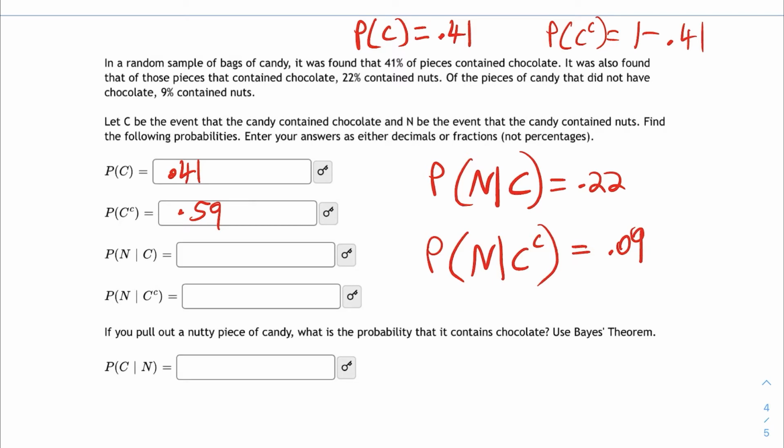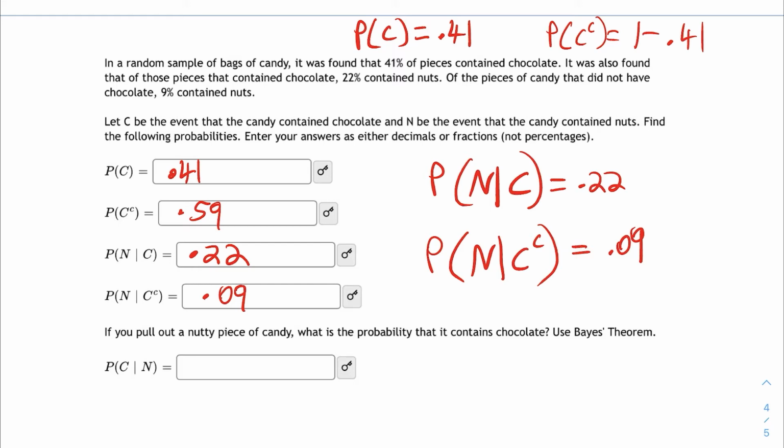Let's see. The probability of nuts given chocolate, that was given directly as 0.22, right? And the probability of nuts given not chocolate was given as 0.09. So all of that was given to us pretty much, except the probability of not containing chocolate.